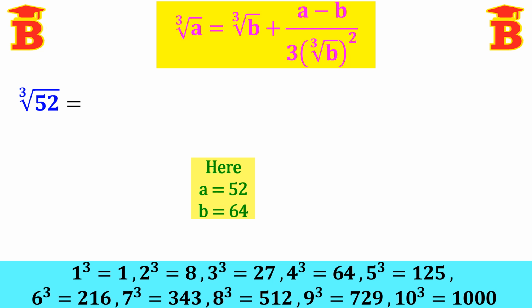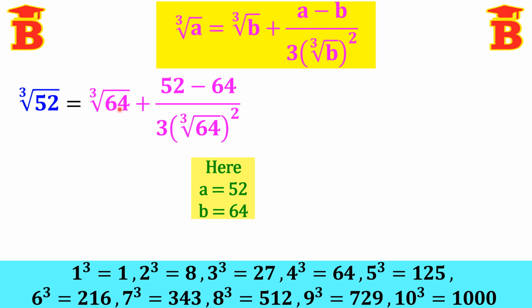B is nearest to A. So see the cube numbers. Here 64 is nearest to 52. So we take B equal to 64. And substitute in the formula, easily we can get the answer.